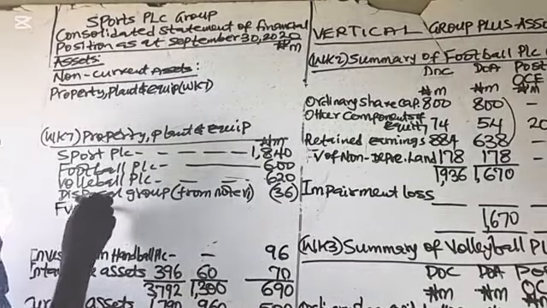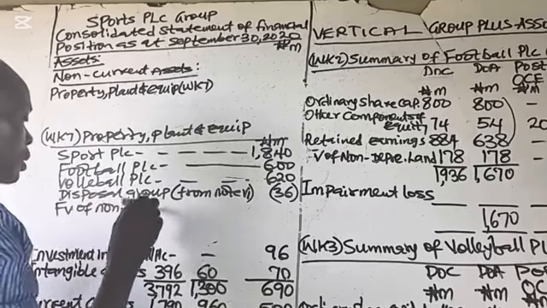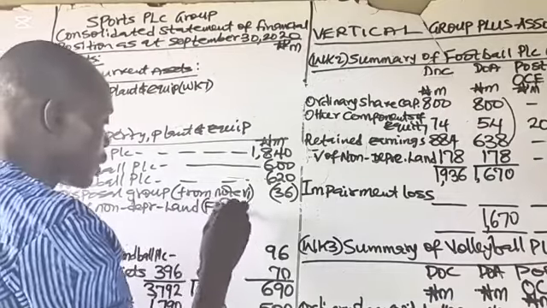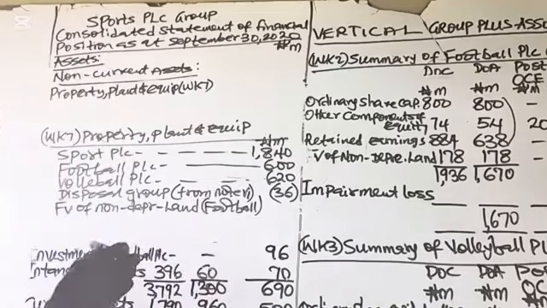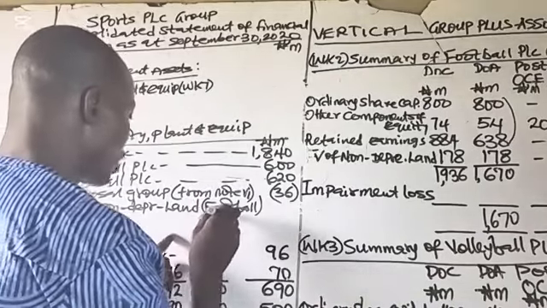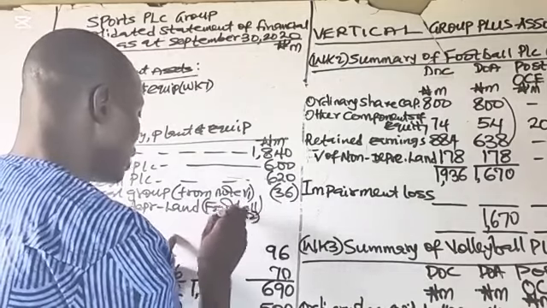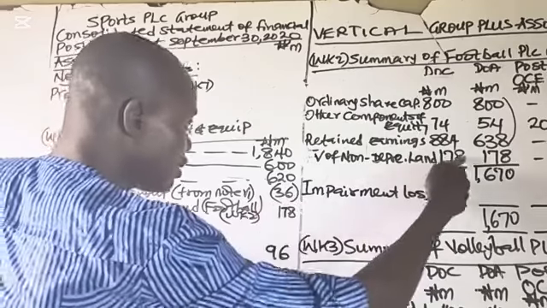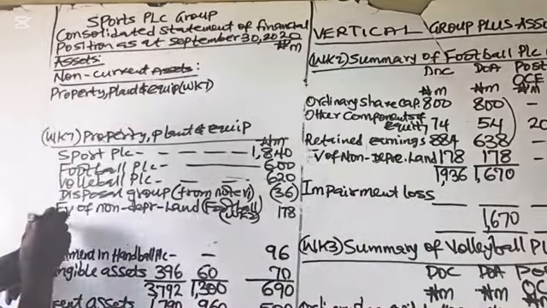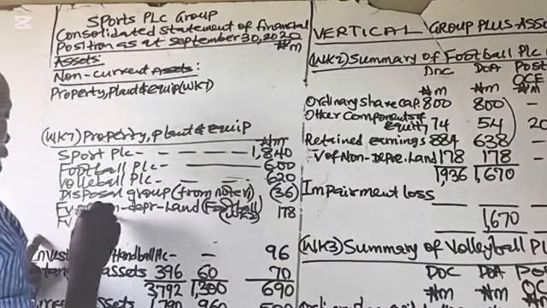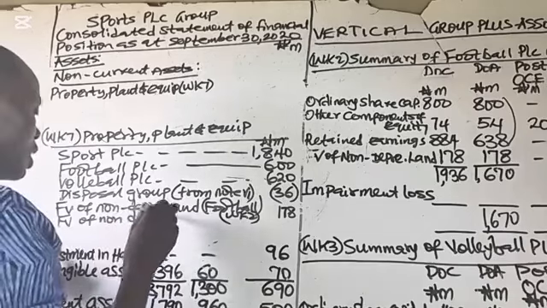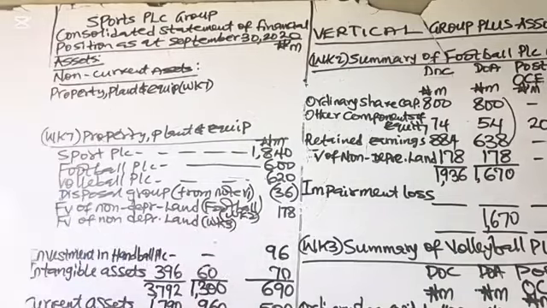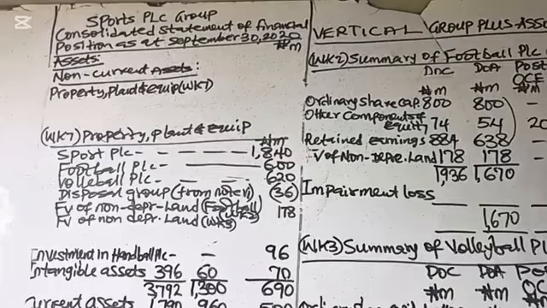This figure was obtained from working 2. The fair value of non-depreciable land, and from working number 3, we got 72 million.